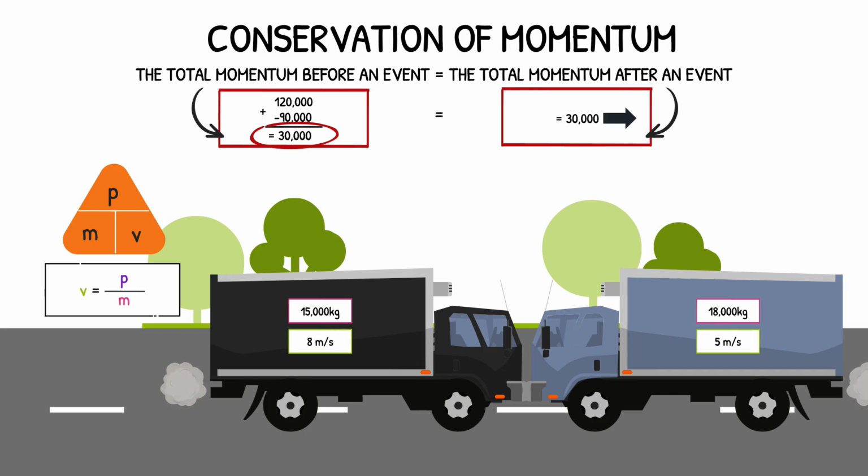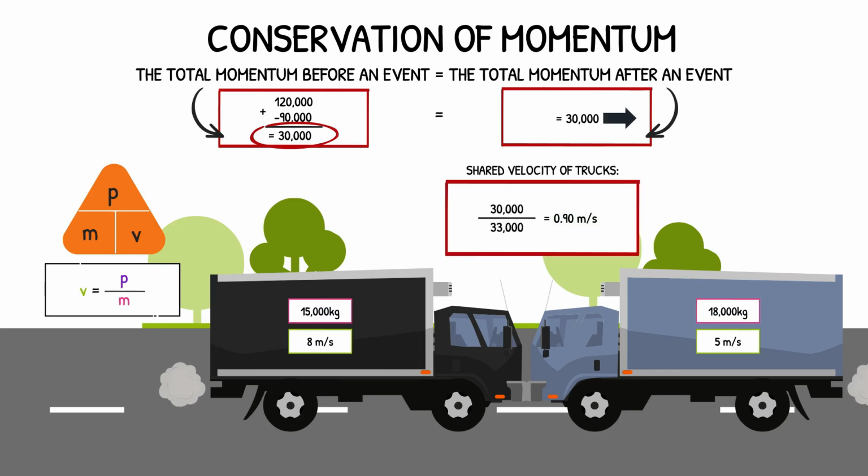We know the momentum of the trucks is equal to 30,000 kilogram meters per second, and the combined mass is equal to 15,000 plus 18,000. 30,000 divided by 33,000 is equal to 0.90 meters per second. When these two trucks collide, they move at a momentum of 30,000 kilogram meters per second eastward with a velocity of 0.90 meters per second eastward.